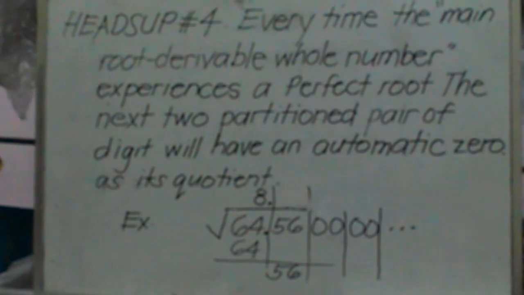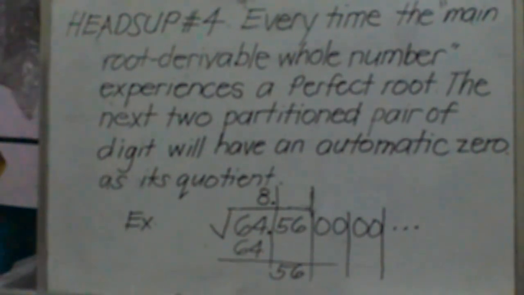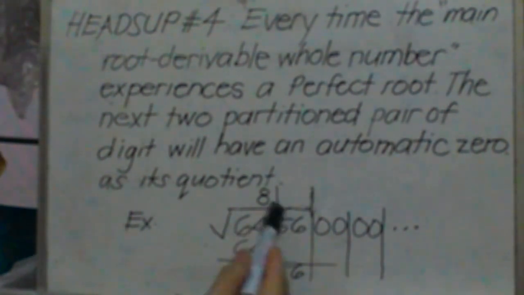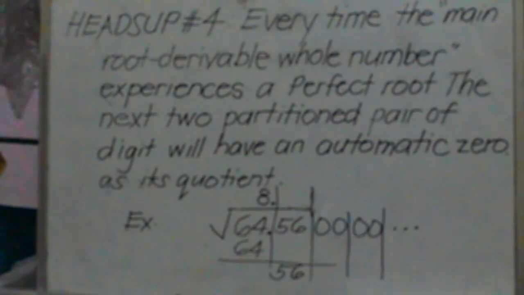Moving on to rule number 4. Every time the main root derivable whole number experiences a perfect root, the next two partitioned pair of digits will have an automatic 0 as its quotient. Now 64 is a perfect root. That's why we write 8.